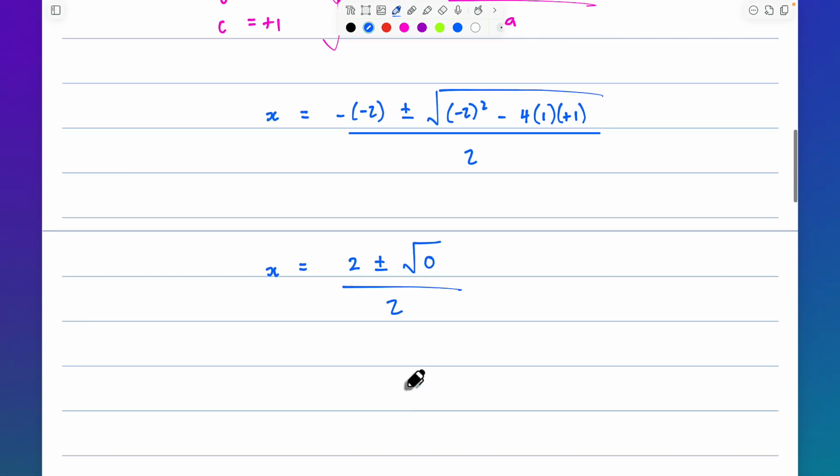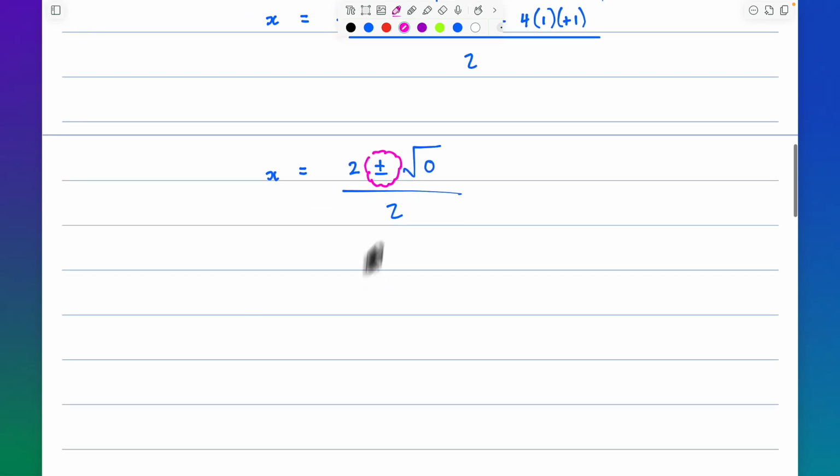So we said for quadratic equations, in order to solve the quadratic formula, we can solve for when this is positive and for when that's negative. When it's positive, it's going to give us 2 plus the square root of 0, which is just 0. So that's 2 plus 0 over 2, which gives you 1. Or we can solve for it when that sign is negative.